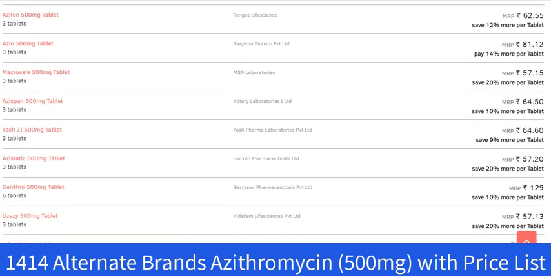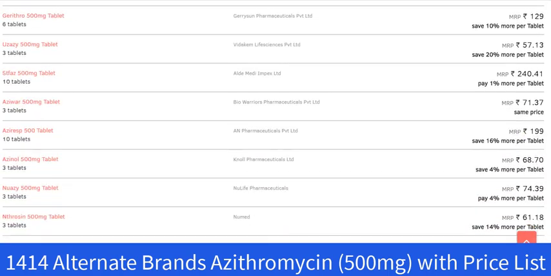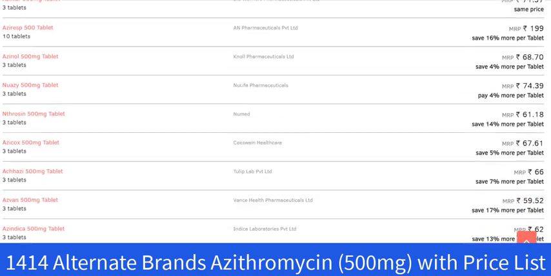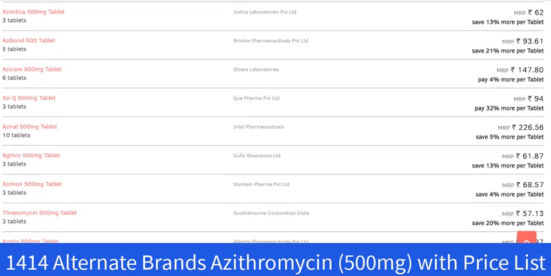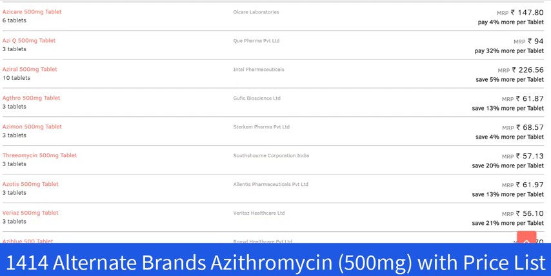It can also be used to treat sexually transmitted diseases. It stops the growth of the bacteria causing the infection and clears the infection. Take it for as long as prescribed by the doctor and avoid skipping doses. This will make sure that all bacteria are killed and they do not become resistant.